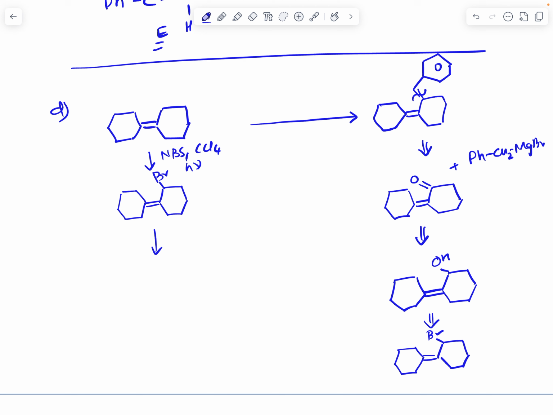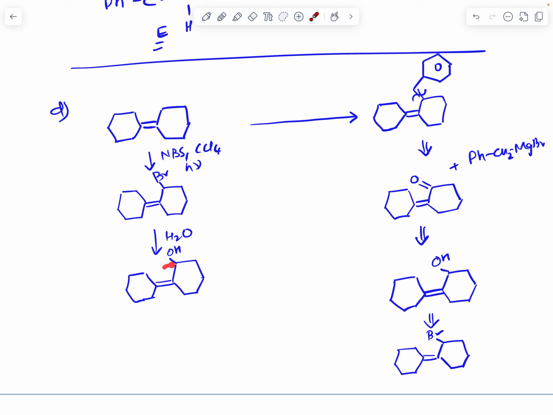You could just add water, and the bromine is going to leave because it generates a pretty stable allylic carbocation, and then water will attack. Again, we don't need the mechanism out here, but it's good to think in terms of the mechanism to understand how that happens.